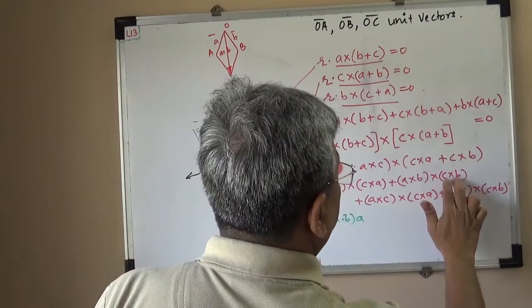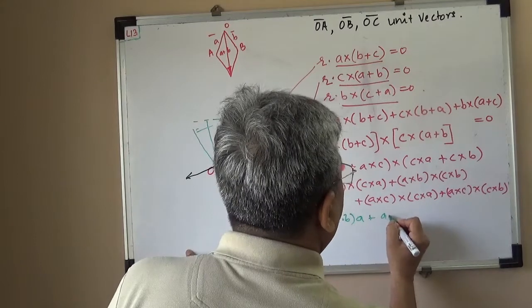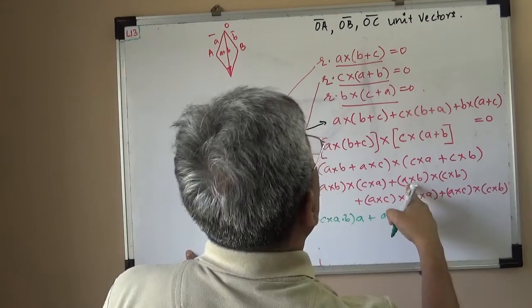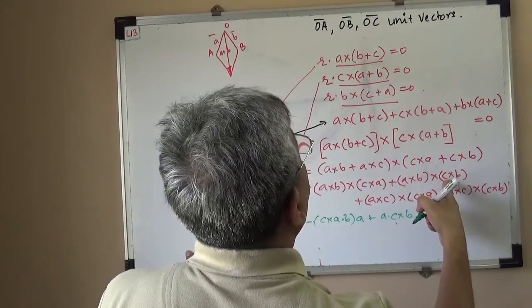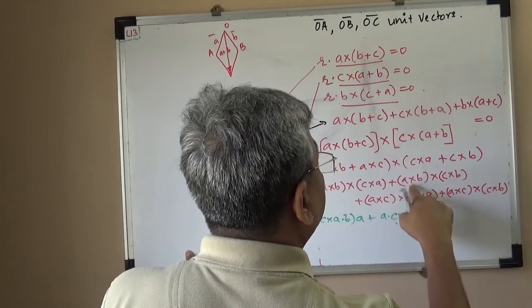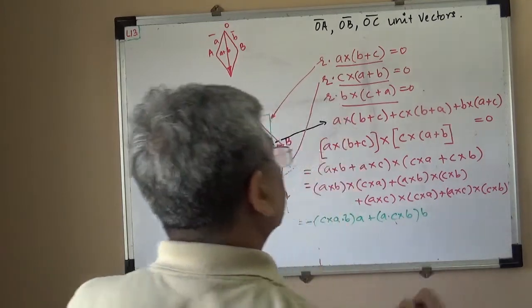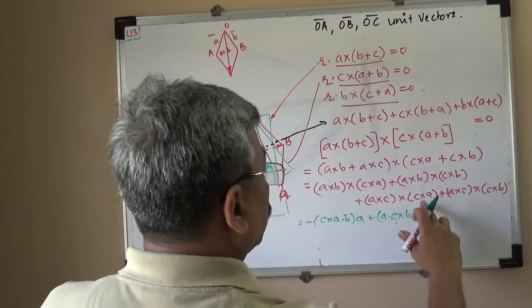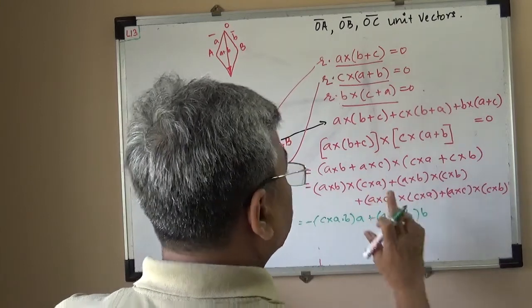Now the second term, this goes here, therefore I get plus A dot C cross B, times B, and if I put it back here, it is going to be 0. If this goes here, it is 0. If this goes here, again it is 0.